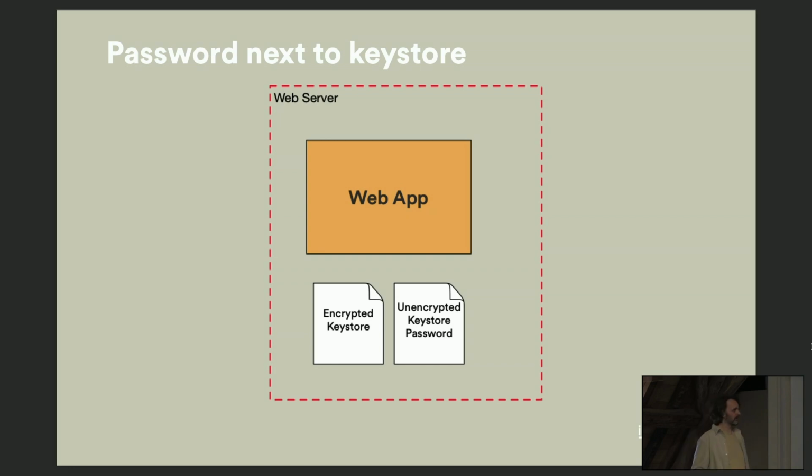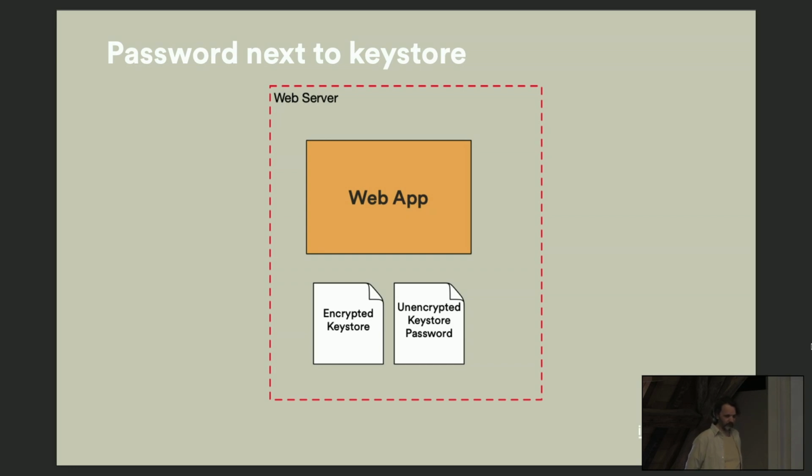And from a threat modeling point of view, this makes no sense at all, because there's no way that an attacker would be able to get access to that encrypted key store and wouldn't already have access to the unencrypted key store password next to it. And there's various things people try and do, like maybe putting the password in an environment variable or stuff like that, but they're generally all fairly insecure.